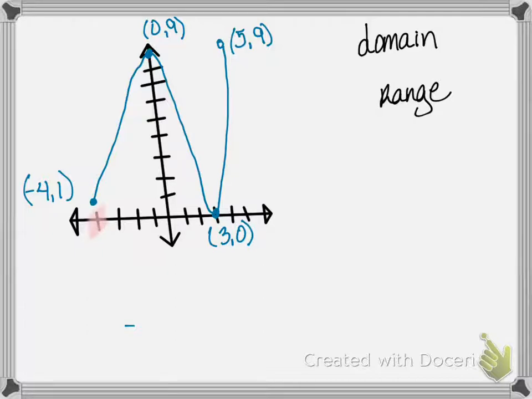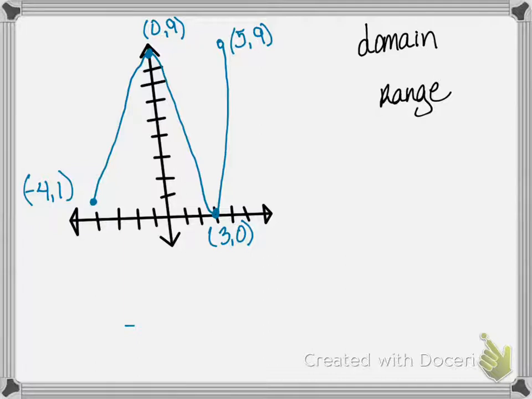And the furthest point that I go to on the right is all the way over here. What is the x value in that point? 5. This is a little bit easier than what we had on the quiz because it's continuous. It goes all the way across.